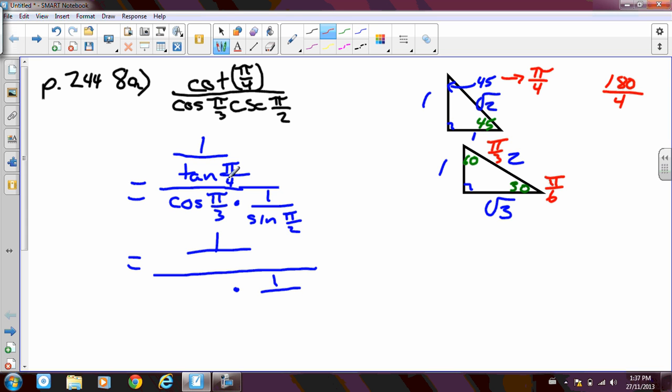And so tan of pi over 4 is the number 1. Cos of pi over 3, if I come down here, here's my pi over 3. Cos of that is adjacent over hypotenuse, or 1 over 2. And sine of pi over 2 is not one of these special triangle angles, but it's the same as sine of 90.